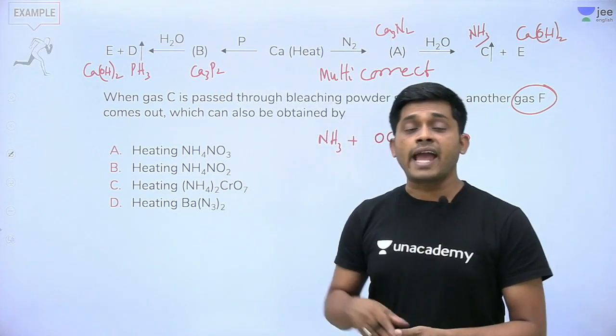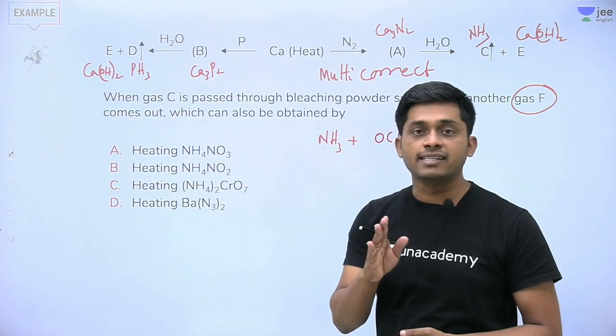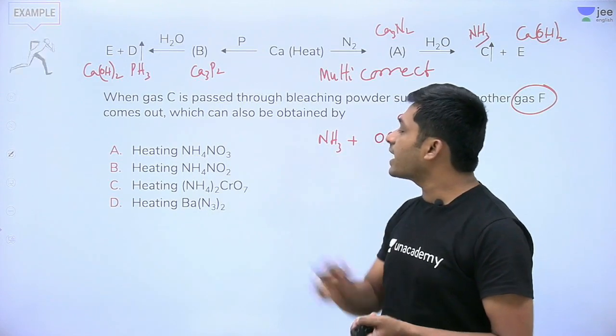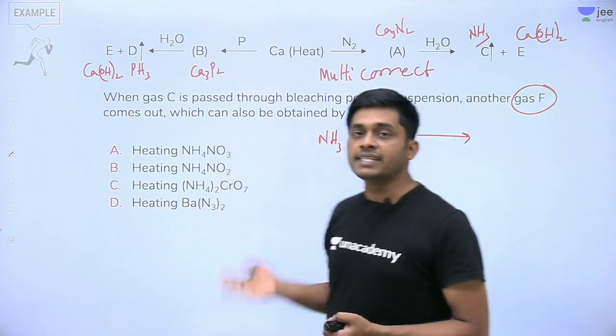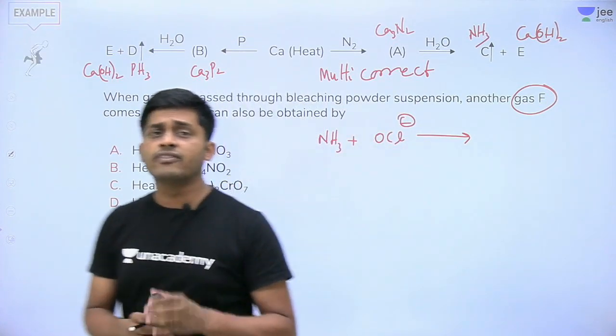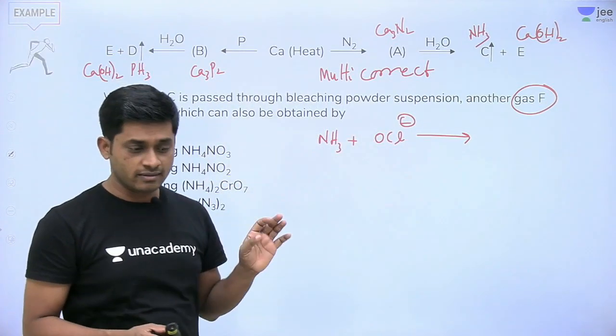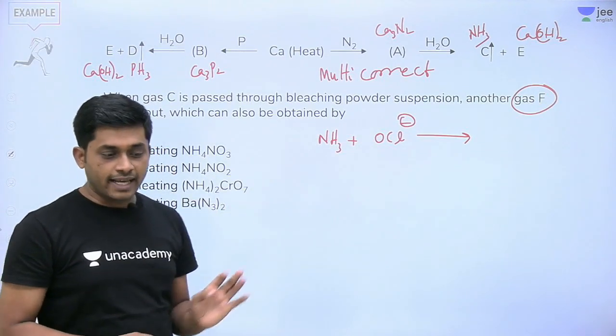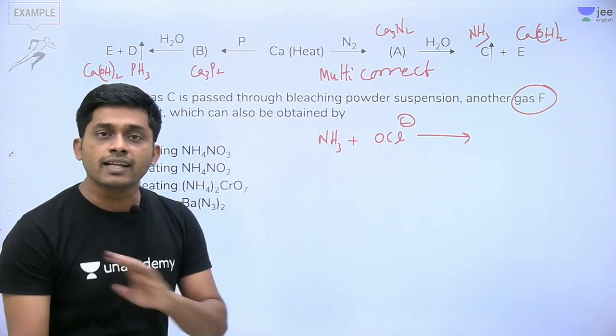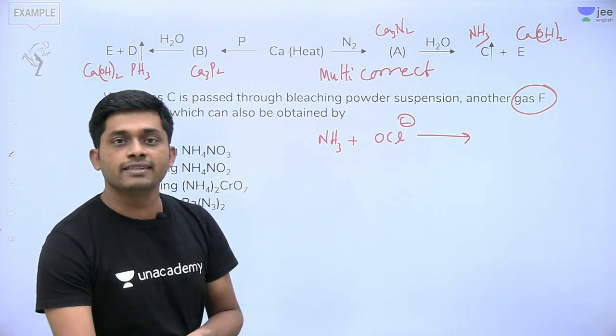See, in this, direct questions were there in previous mains. Which gas is obtained by direct heating of ammonium dichromate, ammonium nitrate? They are very, very important questions. Direct heating. It will oxidize. Bleaching powder is not a reducing agent, it is oxidizing agent.